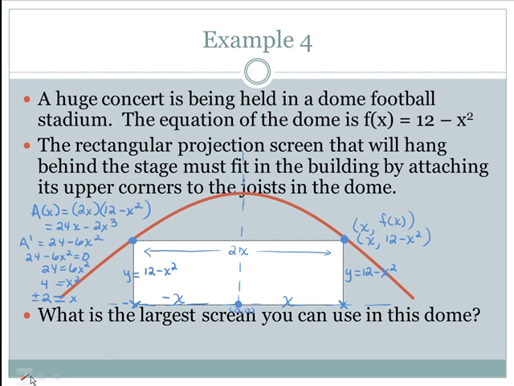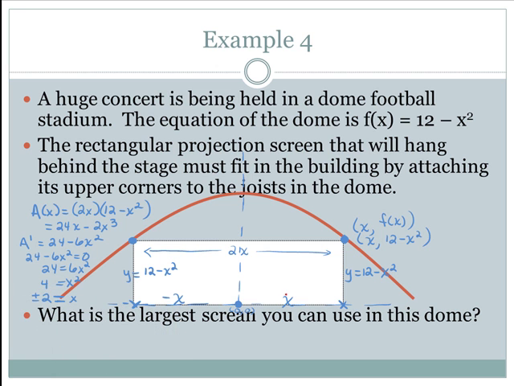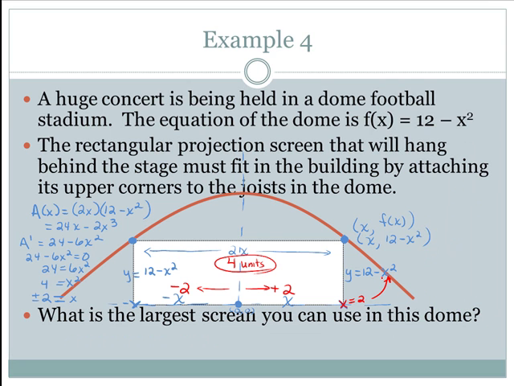So what that says is that when you go this way 2 units, or you go this way 2 units, that gives us a distance that this total screen is 4 units long. Okay. But we also need to find the height of this screen, and to find the height of this screen we have to plug in our x is 2 into the y equals.